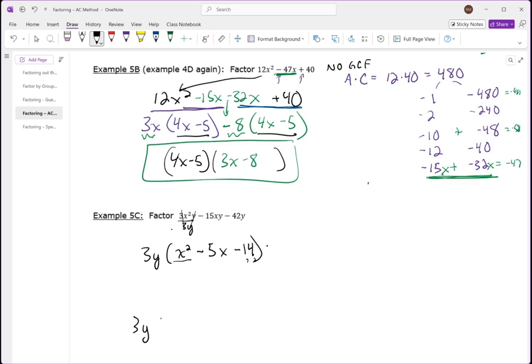if you want to use the AC method, we kind of ignore our 3y right now. And we would multiply together 1, which is our A value. A times C here is going to be 1 times negative 14, or negative 14. Now here, you will notice that I have a negative.